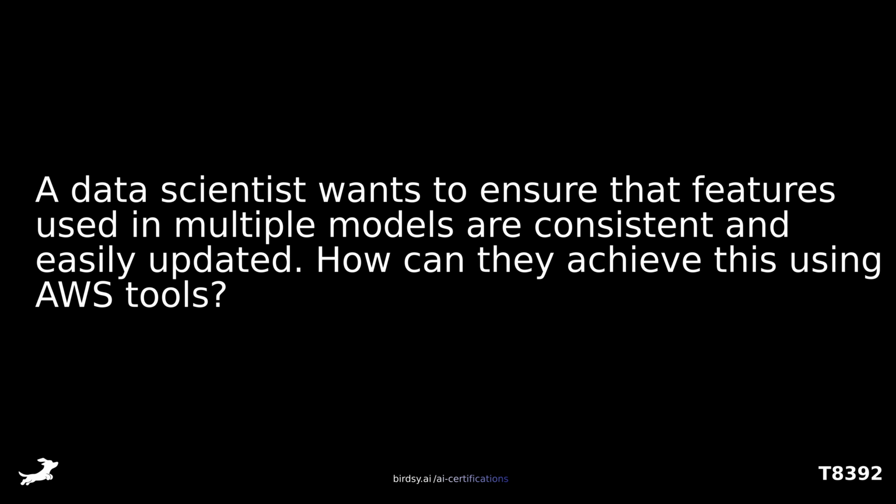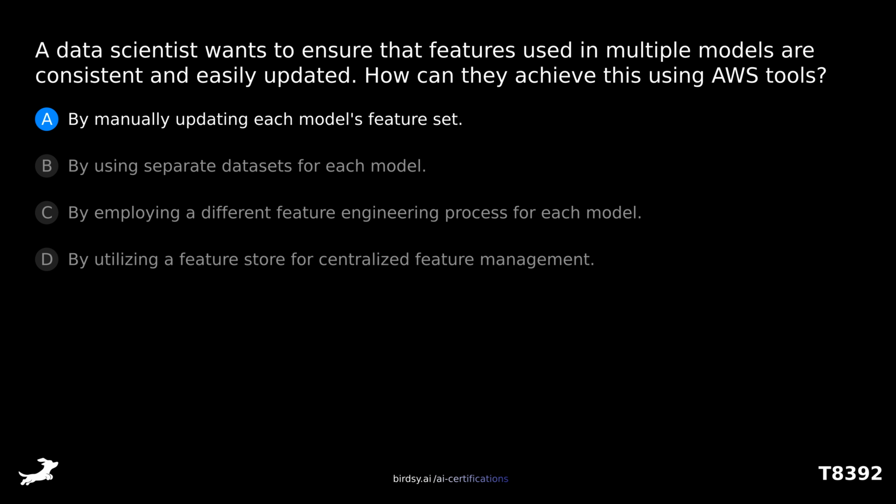A data scientist wants to ensure that features used in multiple models are consistent and easily updated. How can they achieve this using AWS tools? Is it A, by manually updating each model's feature set? B, by using separate datasets for each model? C, by employing a different feature engineering process for each model?